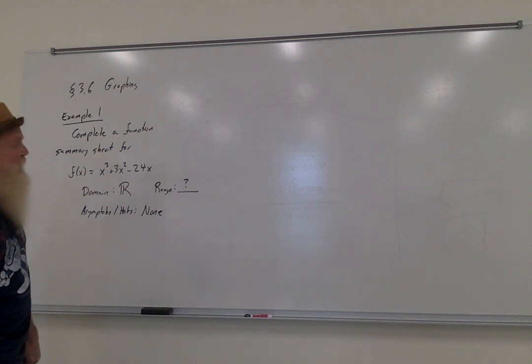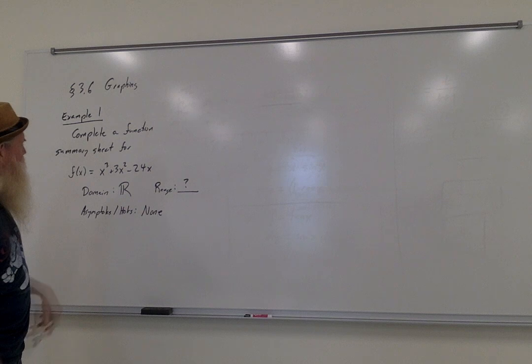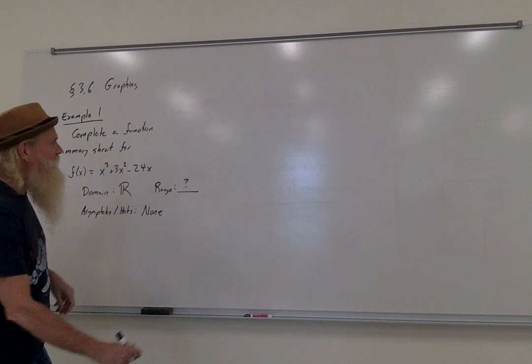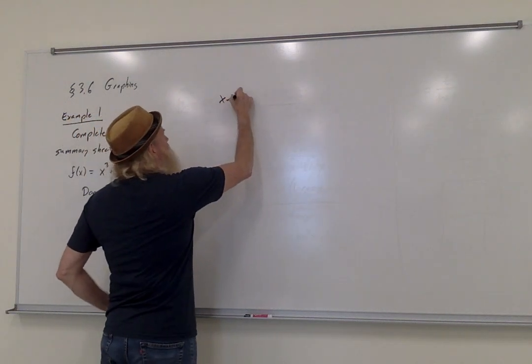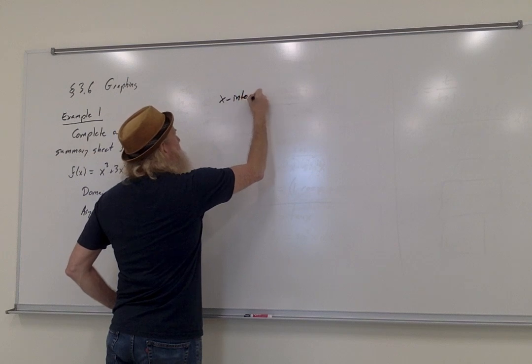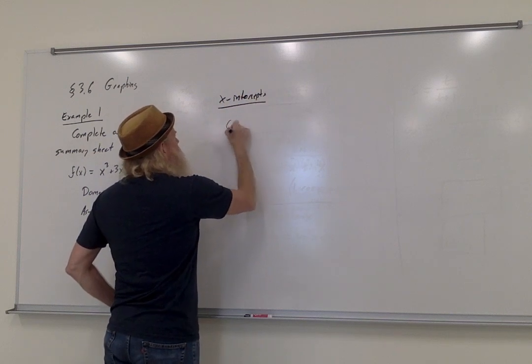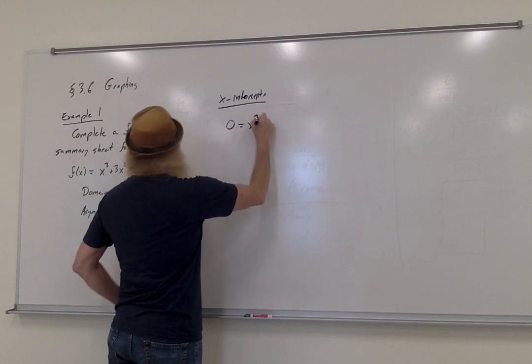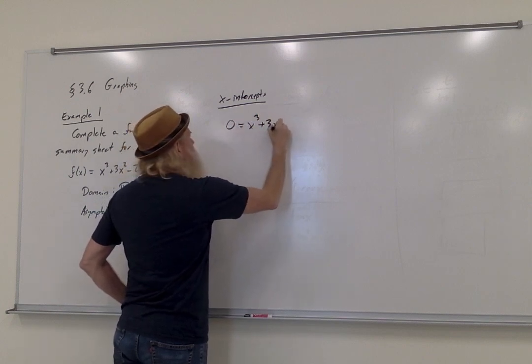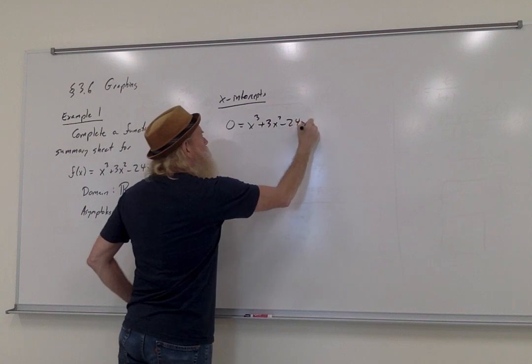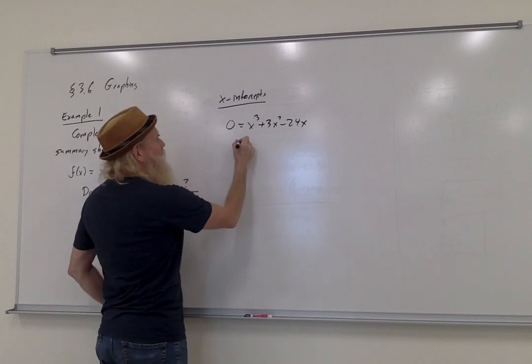And for the x-intercepts and y-intercepts, we can find those just as we did back in pre-cal. For the x-intercepts, we set the function equal to 0. We can solve this one by factoring.